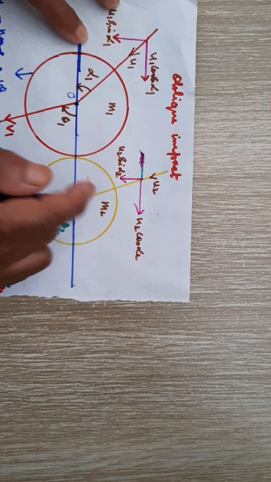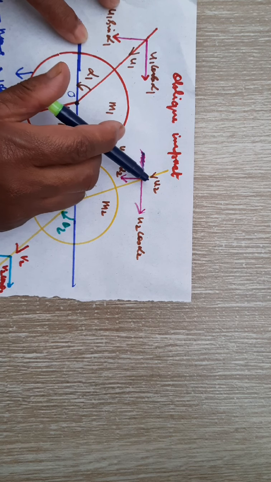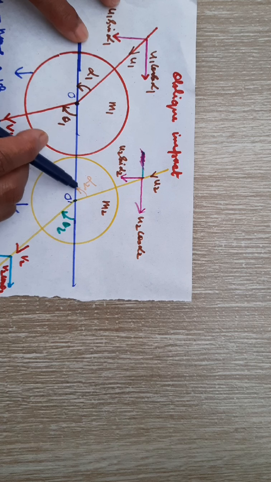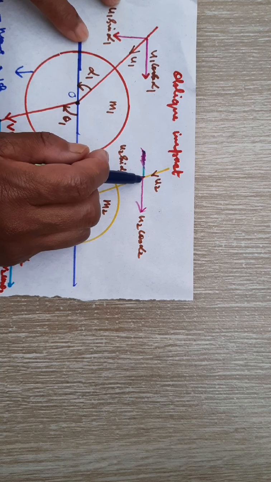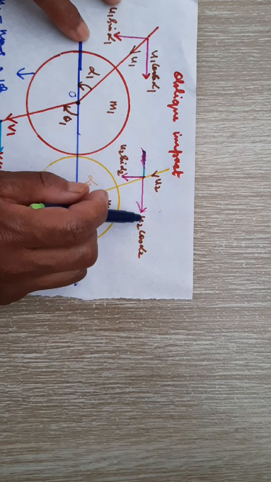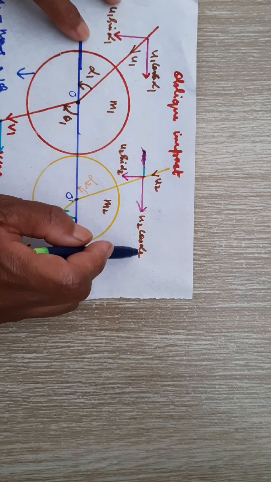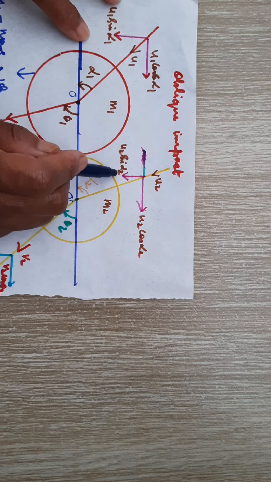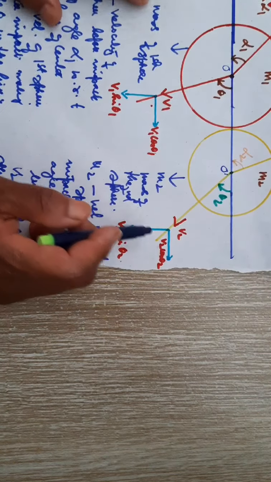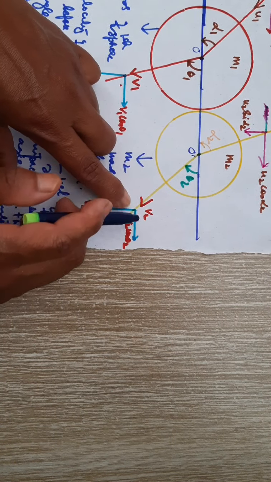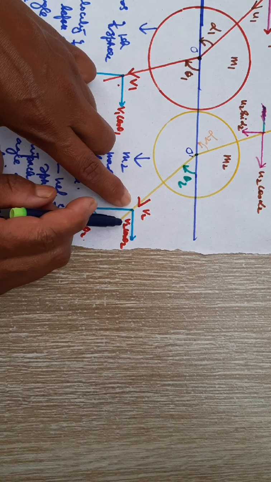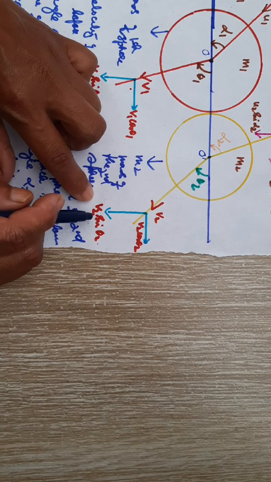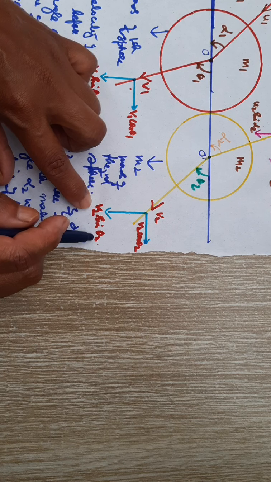Similarly, for the second sphere, u2 is the velocity before impact, which makes an angle alpha 2 with respect to the line of centers, so the component along the line of centers will be u2 cos alpha 2, and perpendicular to it, u2 sin alpha 2. Similarly, after the impact, the component of v2 will be v2 cos theta 2 along the line of centers, and perpendicular to it, v2 sin theta 2.